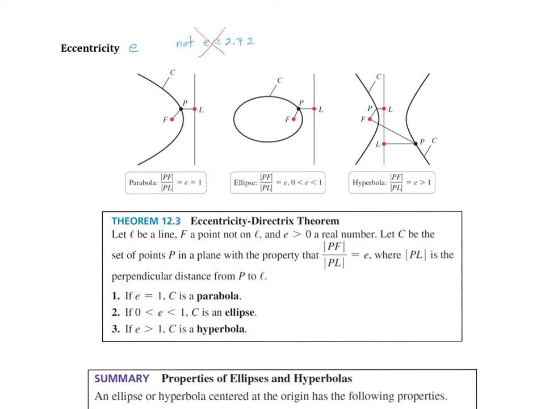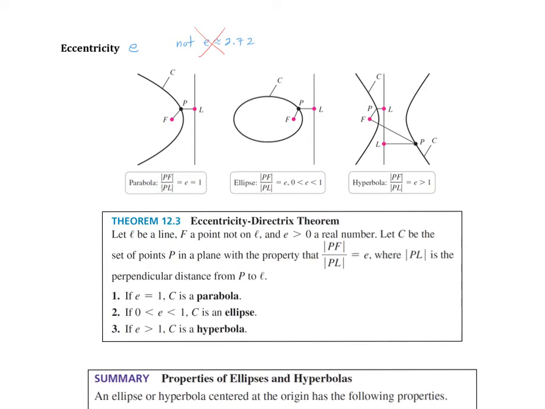It's just an abbreviation for eccentricity. And the eccentricity is this ratio that you're going to get between the foci and some point on a directrix. So again, it's a ratio.